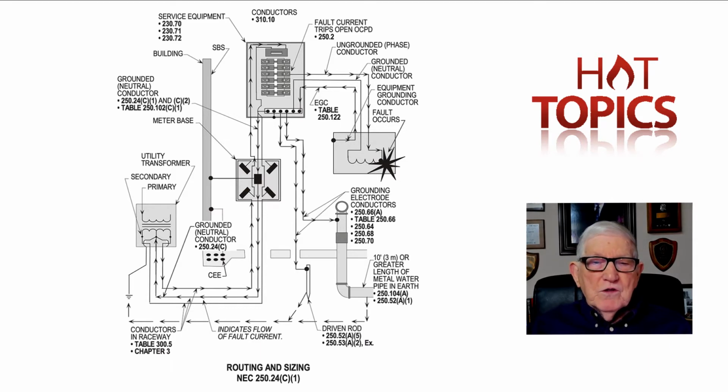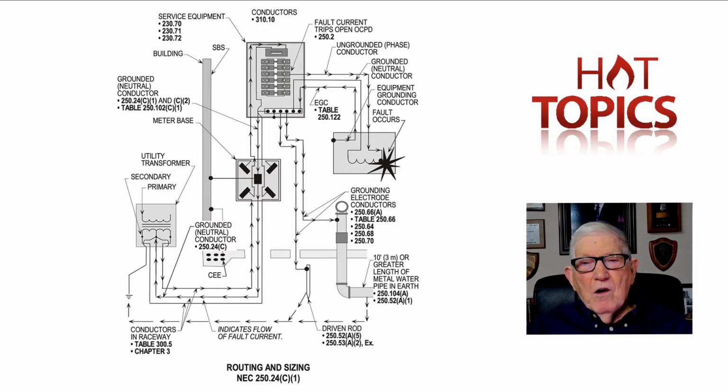But to design this grounded conductor from the transformer, you have to decide, is it a neutral or is it just a grounded conductor? Now, when we review these definitions, we'll get a little bit better handle on this. But notice, are we developing a short circuit here or a ground fault?